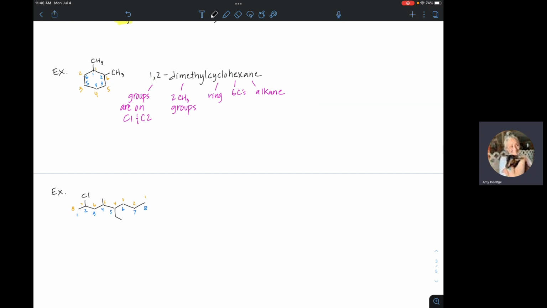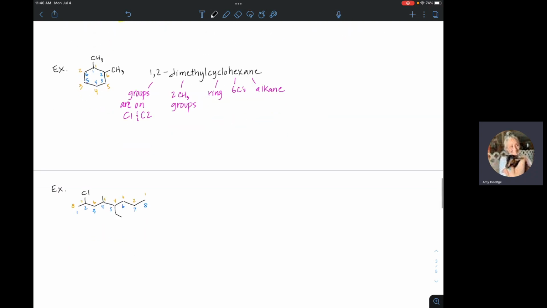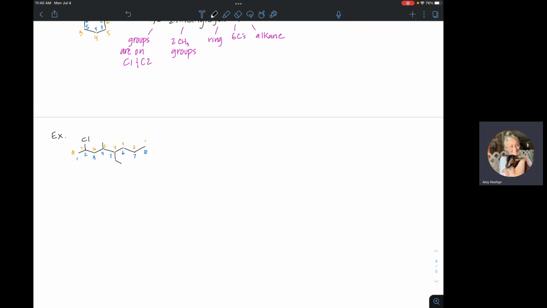Before it was 2 methyl groups, and before that it was 1 methyl group. Now I've got a methyl group, a chloro group, and an ethyl group. My longest continuous chain is 8 carbons. If we went down through the ethyl group, it would be 1, 2, 3, 4, 5, 6, so that's not our longest continuous chain. So some octane derivative is going to be our parent compound.